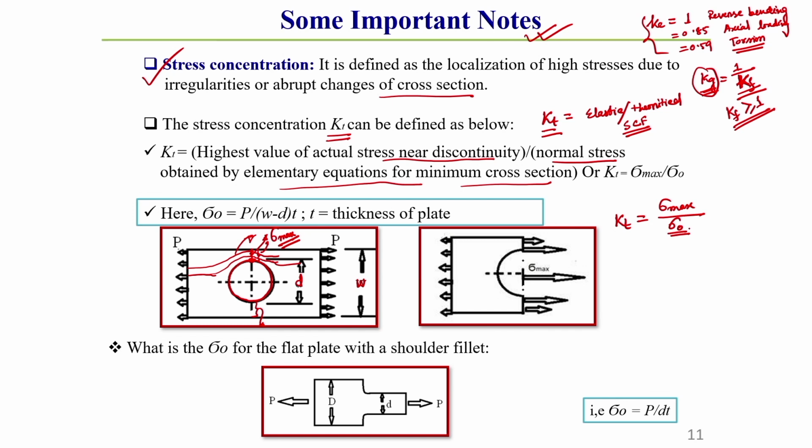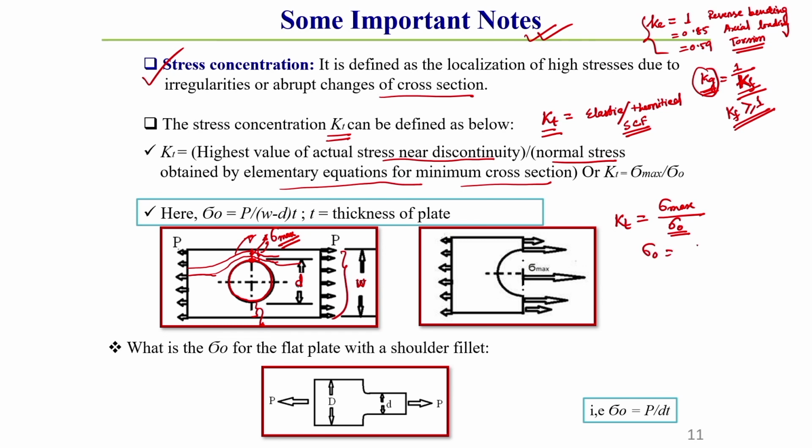How do we obtain this nominal stress? We obtain it by considering the minimum cross-sectional area of this specimen. For the first case, what should be the minimum cross-sectional area?